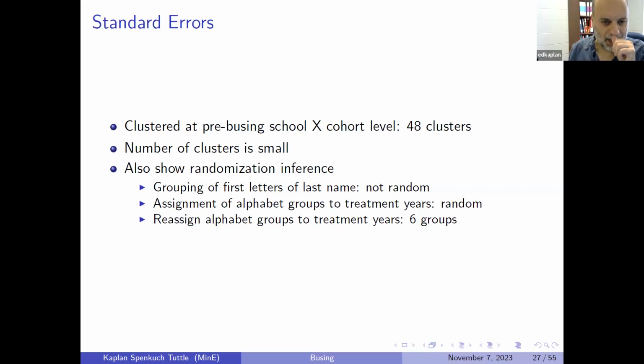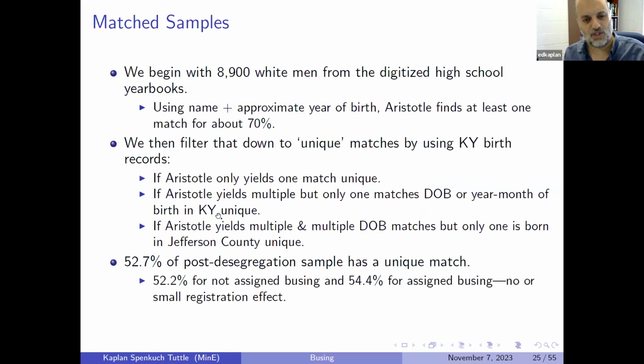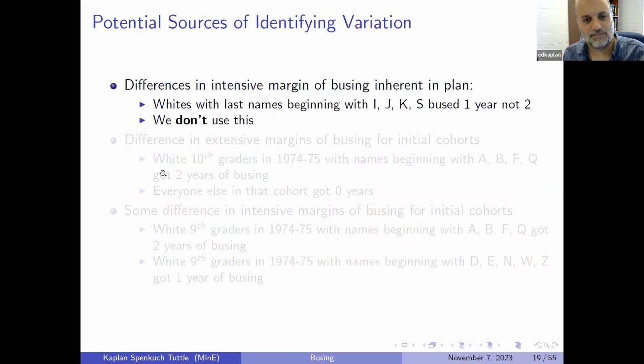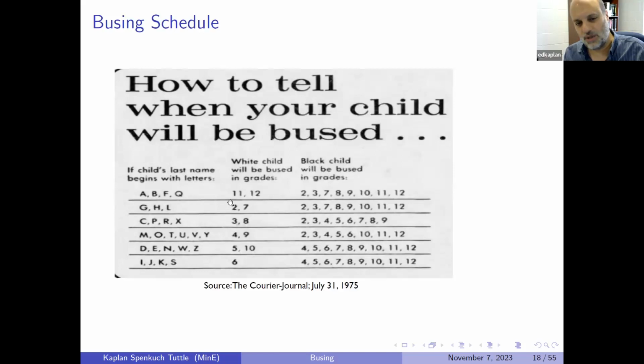We also think that the assignment of alphabet groups to treatment years might not be random. But we do think that the way that alphabet groups get assigned to which years they were treated in is random. So in other words, why is it that A, B, F, and Q got 11 and 12 as opposed to 2 and 7?